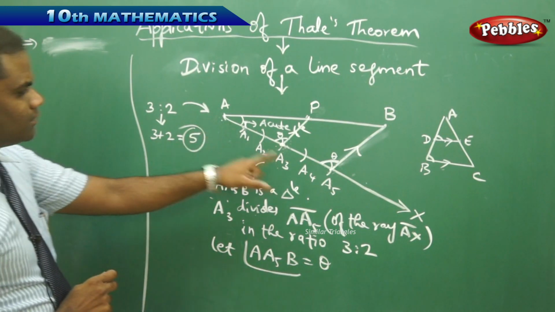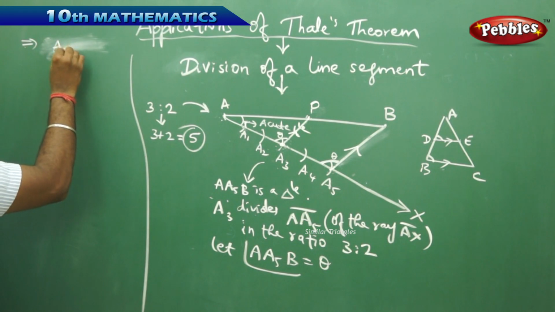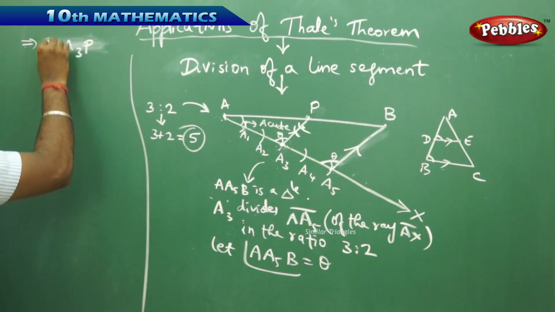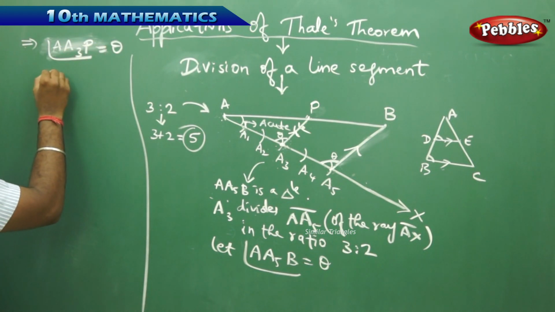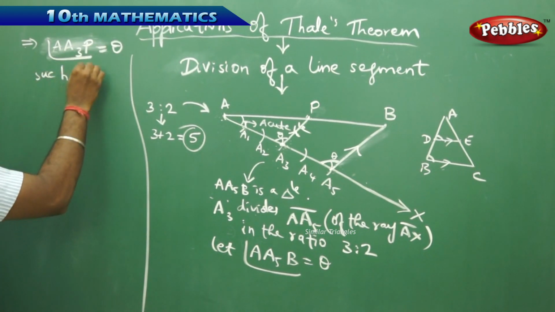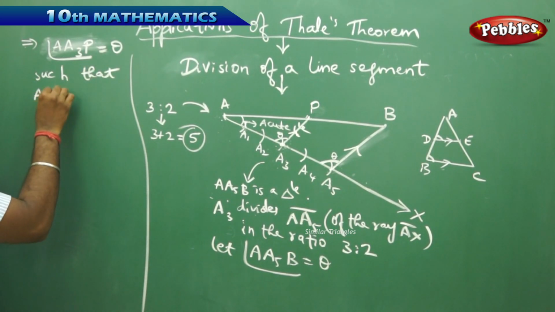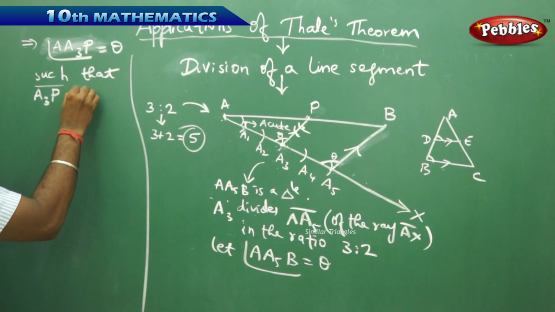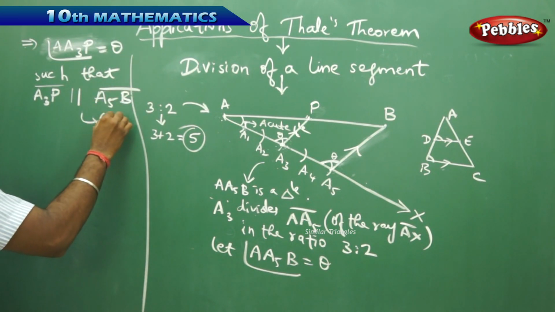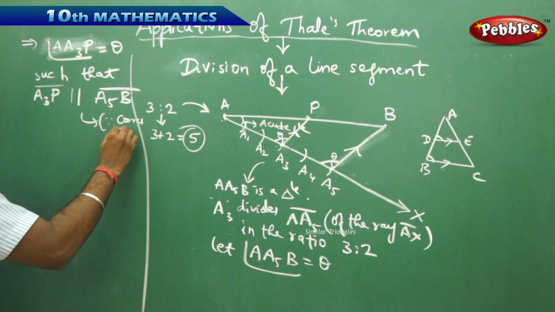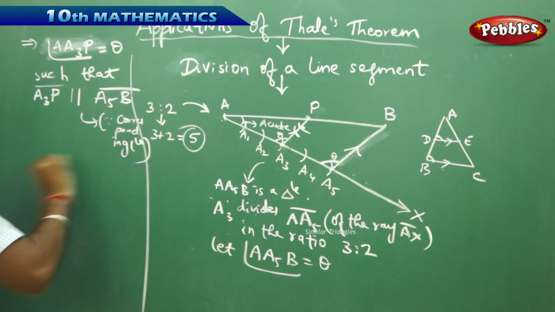So in this case, AA5B is theta, therefore that implies AA3P is equal to theta, such that A3P is parallel to A5B, since corresponding angles are equal.